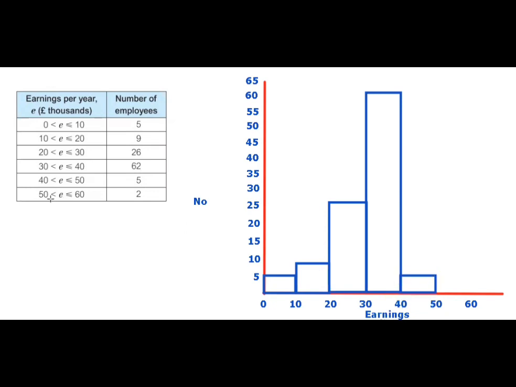And then the last one, from 50 to 60, we have until 2. So 50 to 60, we draw it, and it's until 2. 2 is almost here, yes. And this is how we plot or draw a frequency diagram.